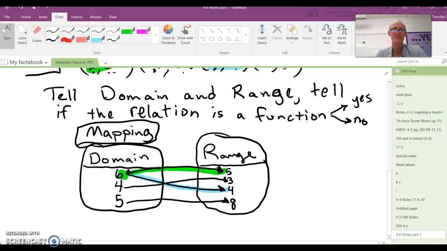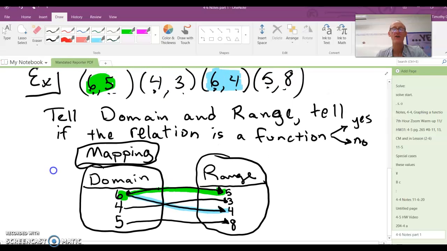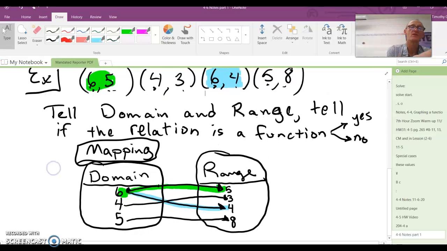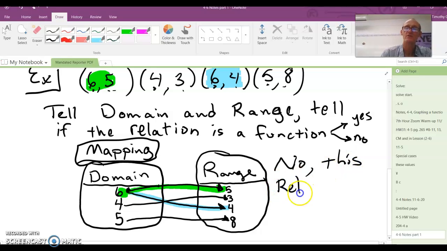It's 6. 6 is paired with 4, and 6 is paired with 5. So this is not a function, so no. This relation is not a function.